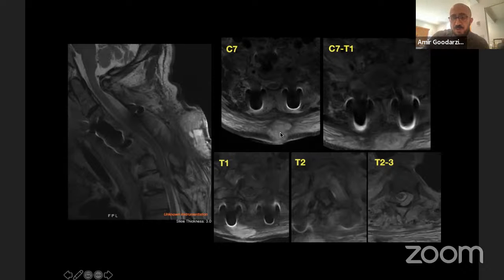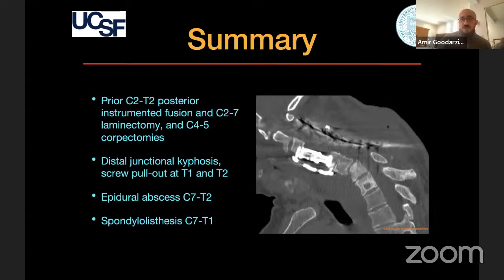And in the soft tissue area, you also see some changes of hyperintensity and fluid, which is concerning for infection as well. So in summary, this gentleman had a prior C2 to T2 posterior instrumented fusion and C2 to 7 laminectomy, and then C4-5 corpectomies. He presented to us with distal junctional kyphosis, screw pullout at T1-2, along with this epidural abscess, and obviously the spondylolisthesis at C7-T1.